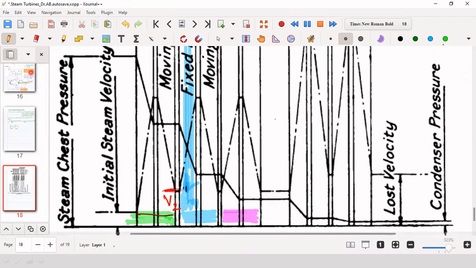V2 is the velocity of the steam after passing through the moving blade. As we know, inlet to the blade is V1 and exit from the blade is V2.